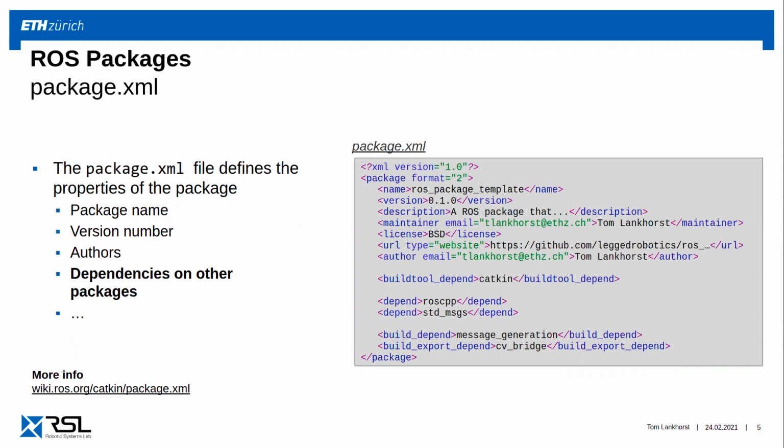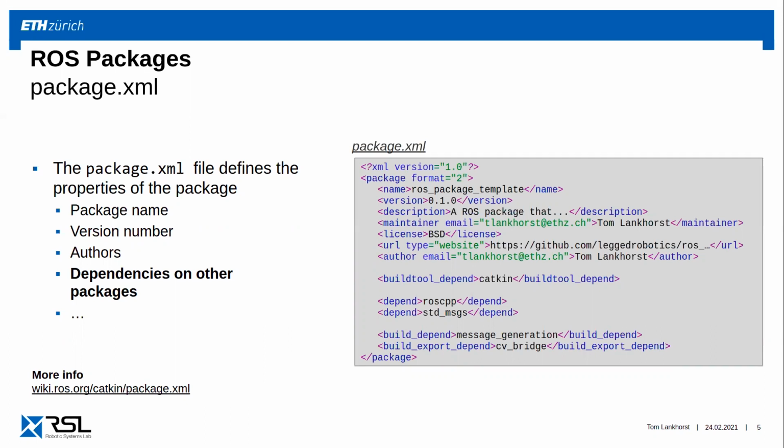Now, in this case, to the right, we see a brief example of a package.xml file. It contains the name ROS package template, a version number, a description, maintainer, also a license, which you are free to choose, whatever suits you, a URL that describes where we can find this package, and the author.